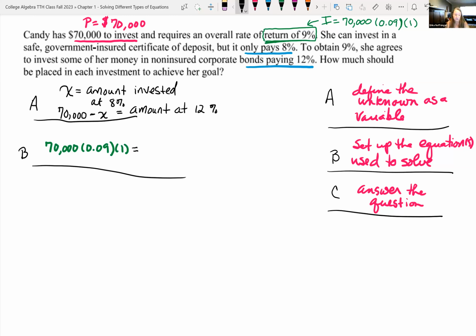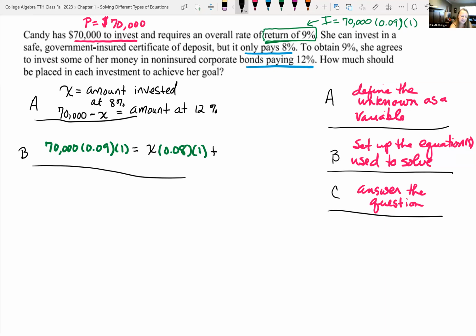So this is equal to, well, she's going to get 8% on part of her investment. So 8% times the X dollars that she put in there. So X times 0.08 times time, which is 1, plus the interest that she gets back for the 12%.